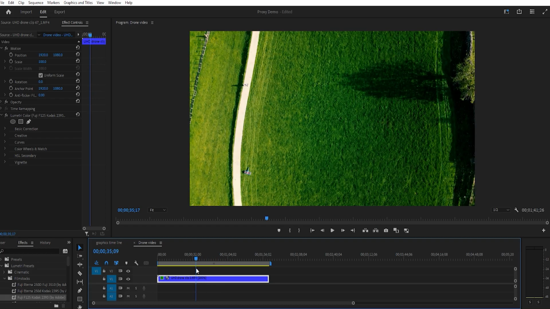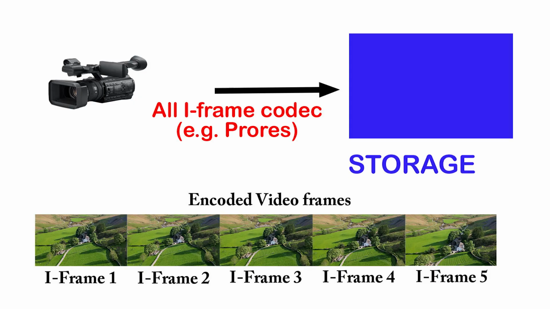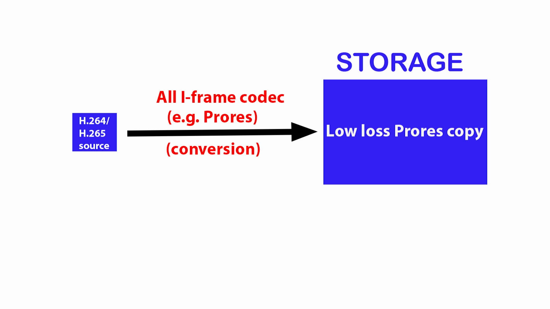However, video files comprised of just I-frames, like ProRes files, can be manipulated much more easily, as all the data required is in a single frame and not scattered across several frames. So why not just convert your H.264 and H.265 files to ProRes and edit the results?